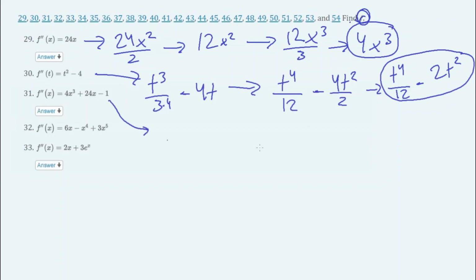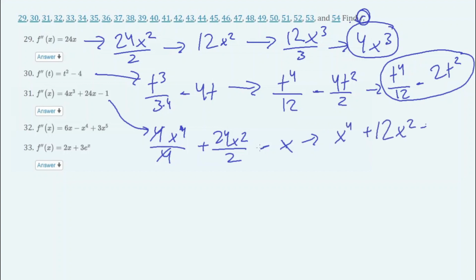Number 31: our first antiderivative is going to be x to the fourth power, 4 over 4, and then plus x squared, 24 over 2, and minus x, because it would rather be 1x, but we don't really need to write the 1. And we could rewrite this and simplify it. So these 4's would cross out. We would have x to the fourth power plus 12x squared minus x.